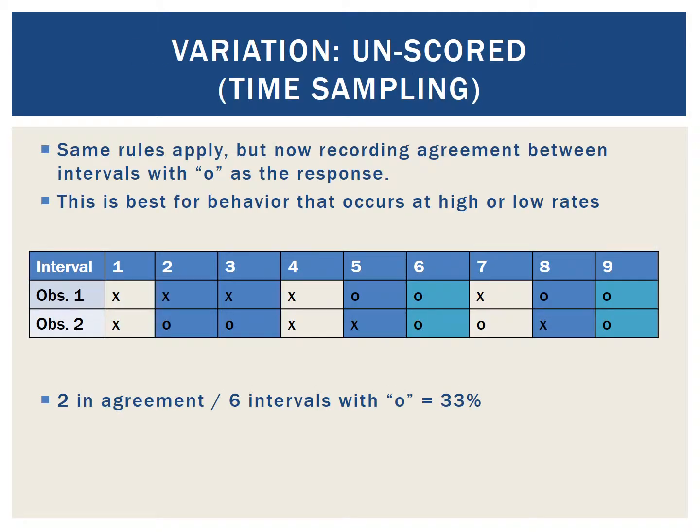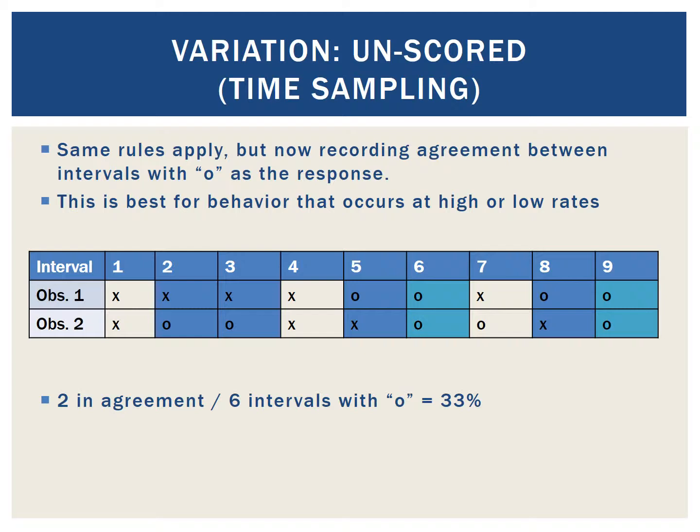This is another variation, and this would be with a really high rate behavior. In this case, you don't count intervals. So with this method, you're only counting intervals where at least one of the observers recorded a non-occurrence.